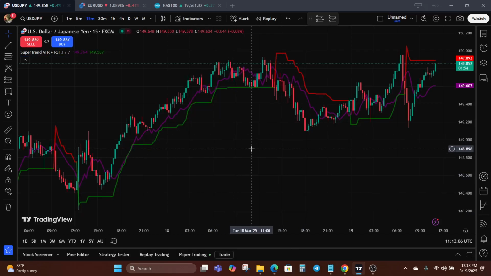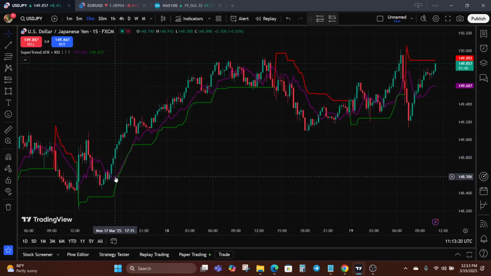When using the Super Trend ATR indicator, you will notice that this indicator helps you identify the prevailing direction of the trend. When the price is above the indicator, it's a buy trend.